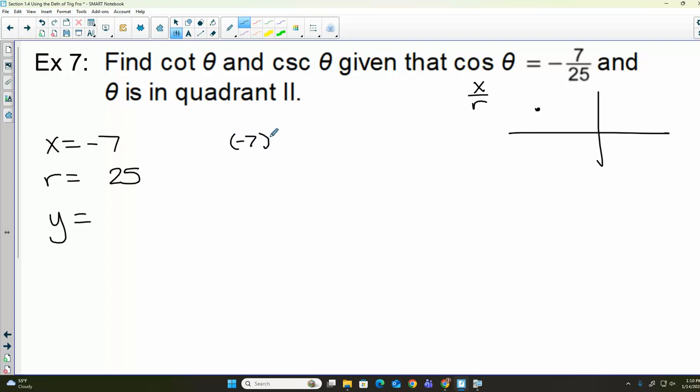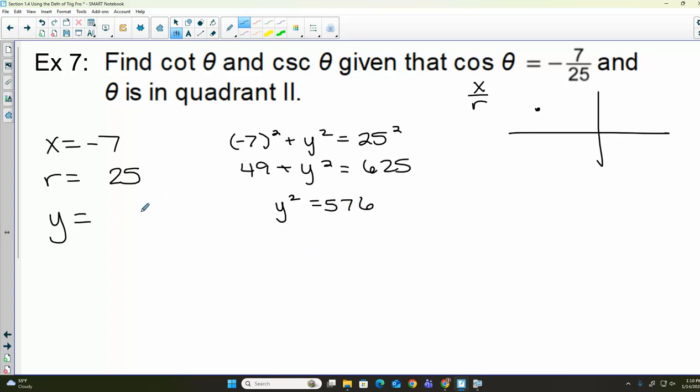We could do x squared plus y squared equals r squared. We get 24. And it's positive because second quadrant.